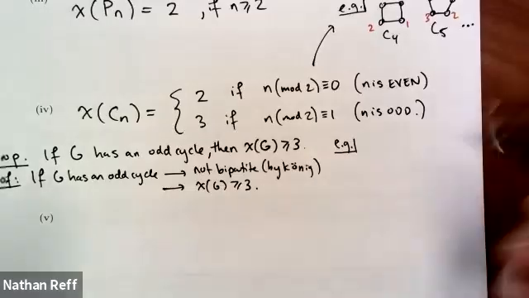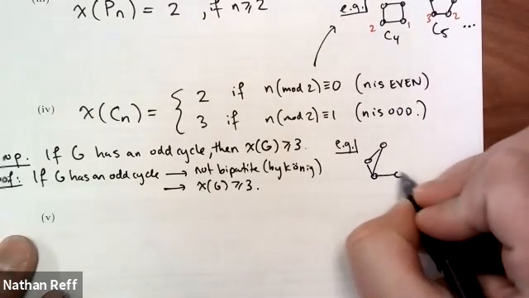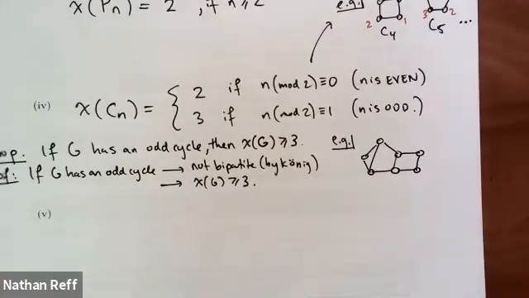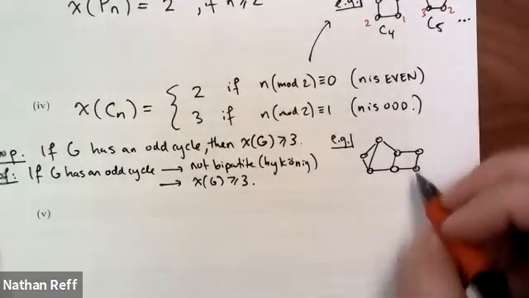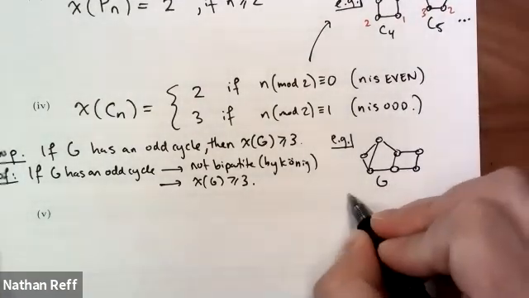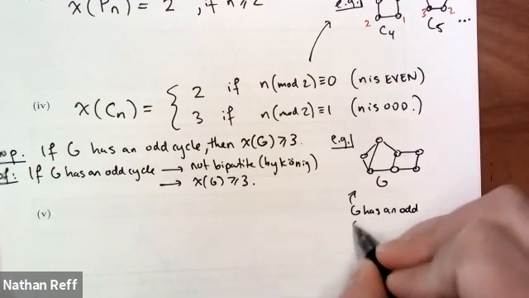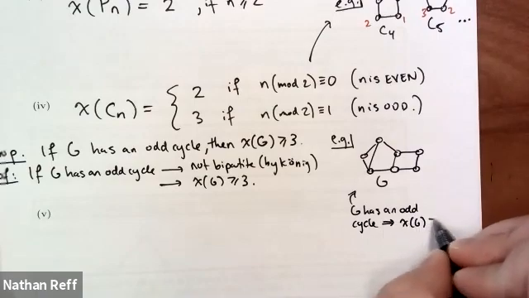But let's just do another one. So this graph, so G has an odd cycle. So what does that tell us? Well, that tells us that the chromatic number is at least 3.